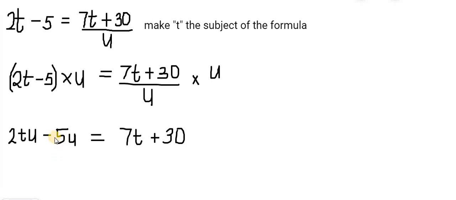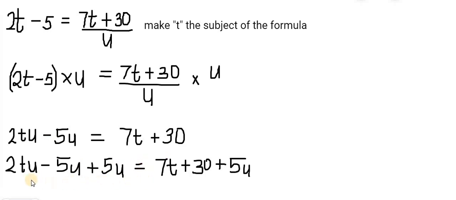So, to get rid of minus 5u from the left, I use the opposite sign or inverse sign of the minus, so I use a plus sign, like so. Now, because I've done this to the left, I've got to do it to the right.